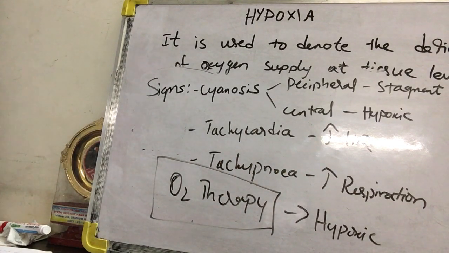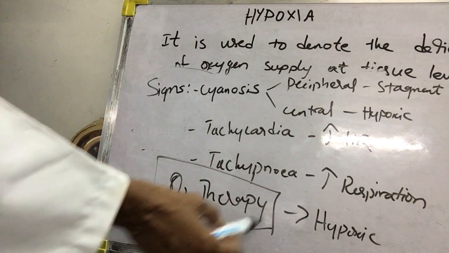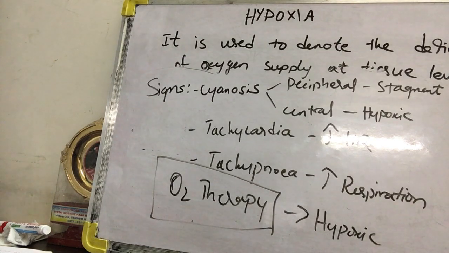So oxygen therapy is useful only in hypoxic hypoxia. In other types of hypoxia, oxygen therapy is of no use because already the oxygen content is normal, but the thing is, in anemic hypoxia, because of low hemoglobin concentration, there is decreased oxygen carrying capacity.